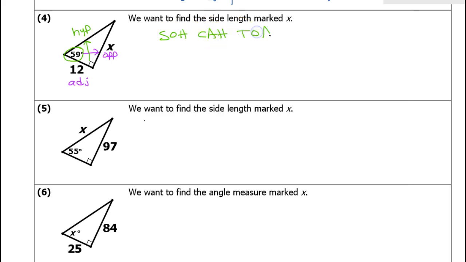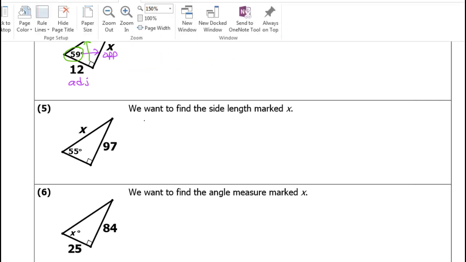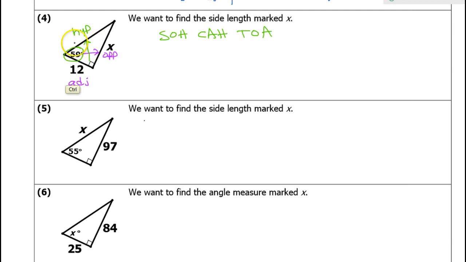SOHCAHTOA. Alright, that's the sine formula, the cosine formula, and the tangent formula. To help us choose, we will decide which one of these 3 sides we're not using. So we're using the adjacent side because it's got the 12. We're using the opposite side because that's what we're looking for, the x. The hypotenuse in this particular problem is not being used at all.